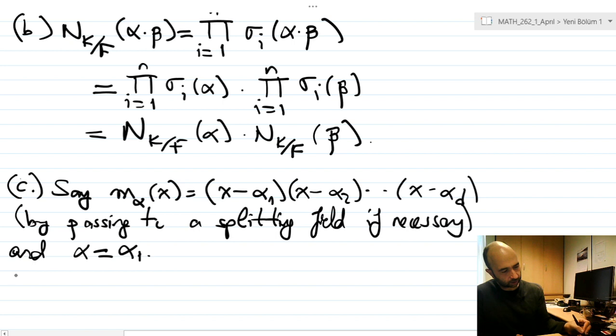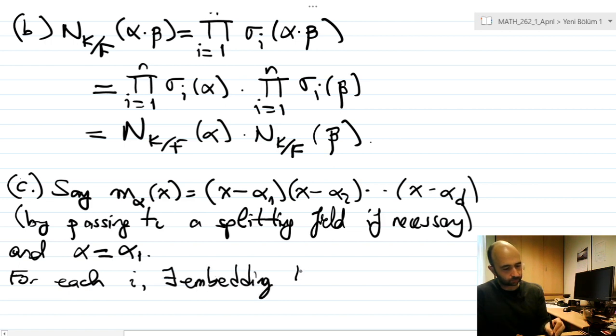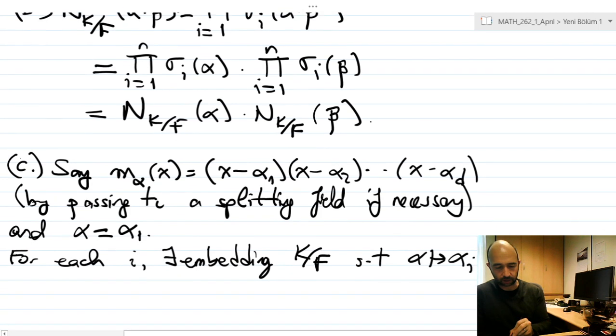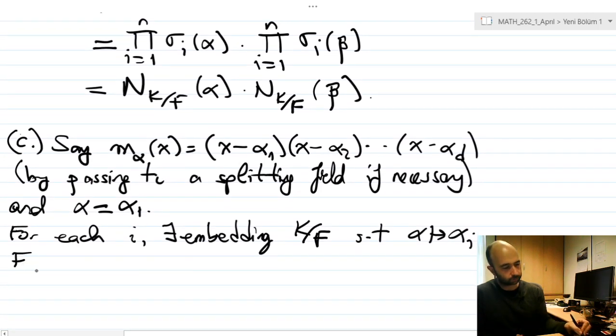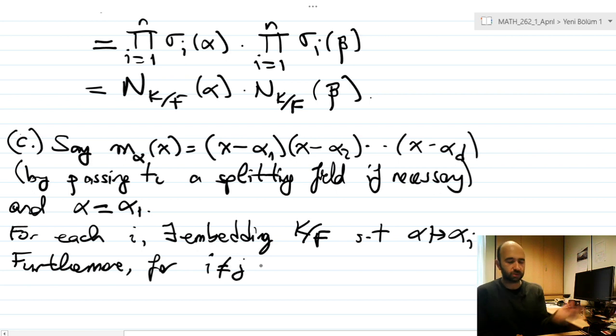So for each i, there exists an embedding of k over f such that alpha is sent to alpha i. Furthermore, for any two distinct roots here, we have an equal number of such embeddings. I'll leave this unproved, but it's easy.